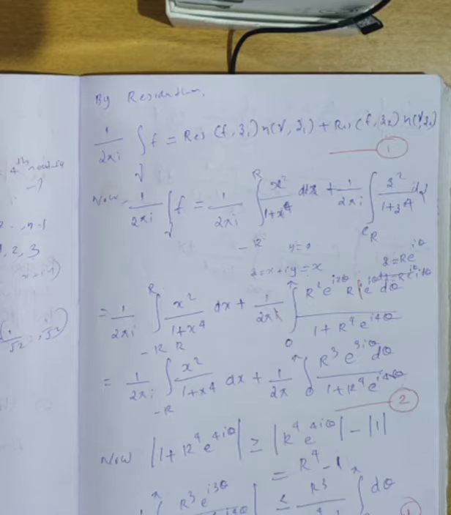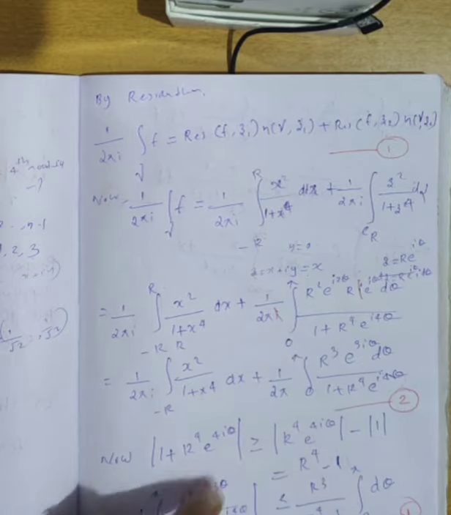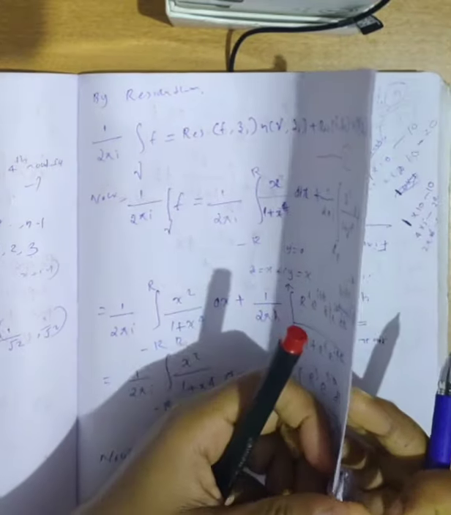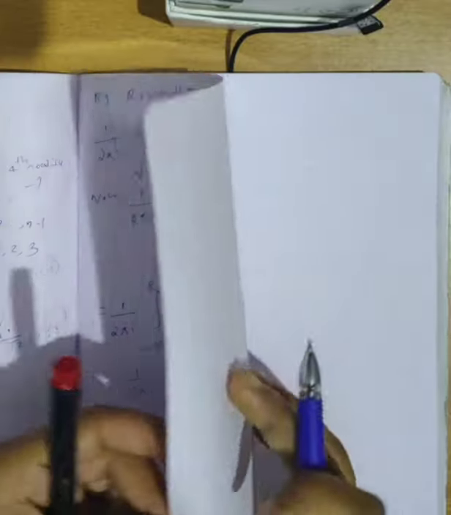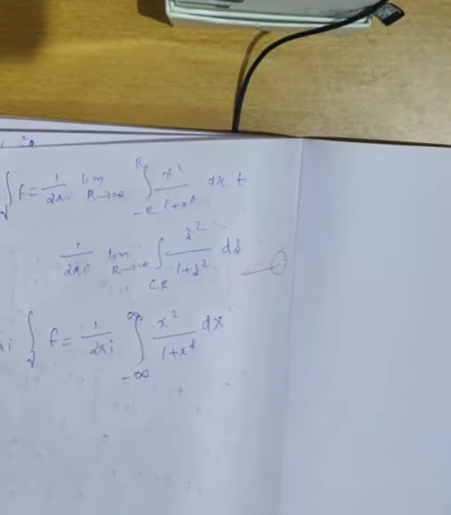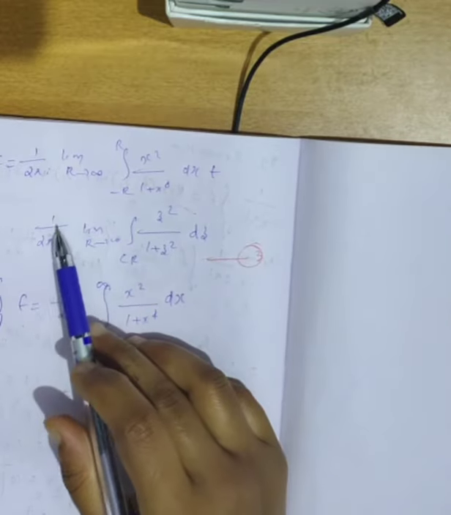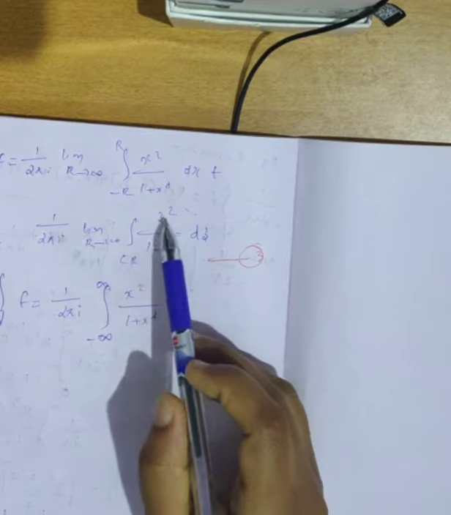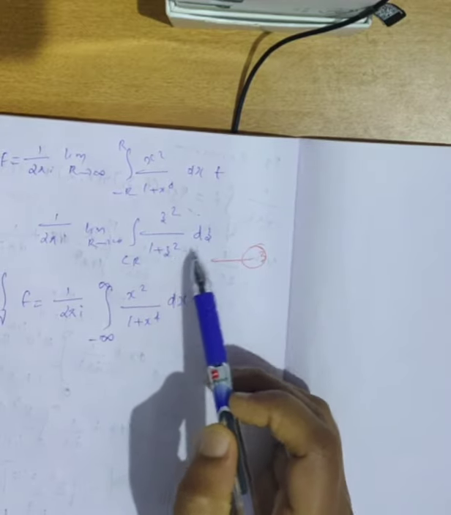So when r tends to infinity, this term becomes 0. Okay. So actually we have 1 by 2 pi i into limit r tends to infinity integral over C_r z square divided by 1 plus z raised to 4 dz.